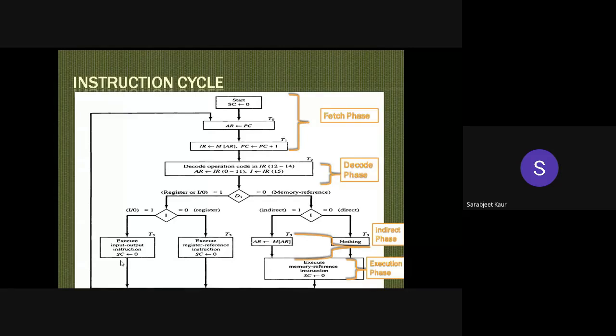Will somebody like to answer that? Can you please repeat the question? So, how many memory references are required to execute an indirect memory reference instruction vis-a-vis the IO instruction, the register reference instruction, or the direct memory reference instruction?